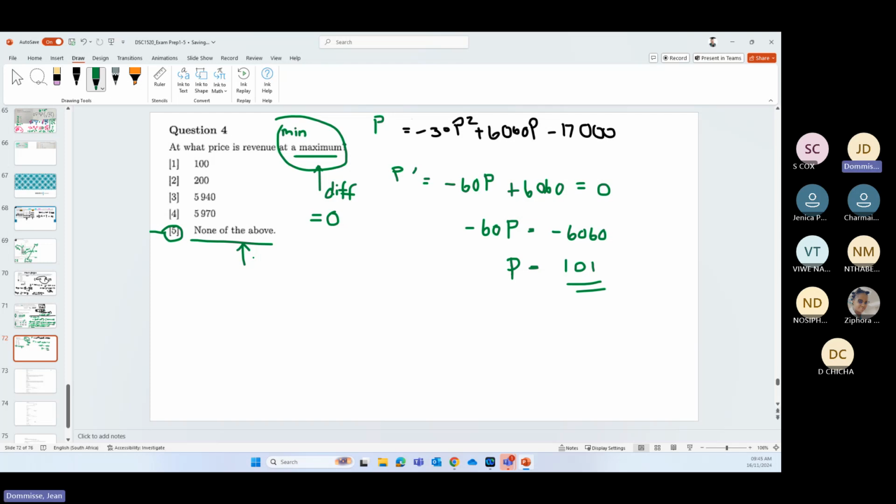Okay, so luckily you guys don't have, or what I've picked up, none of the above anymore in your answers. And especially not something like this, where this was the thing that I hated about the none of the above, is where you work it out and you get 101, and now you think that you made a mistake somewhere.